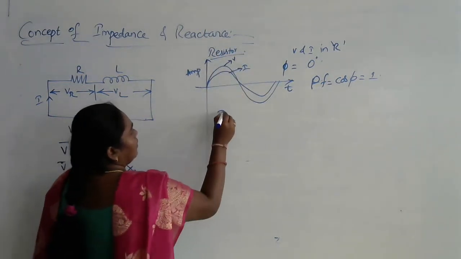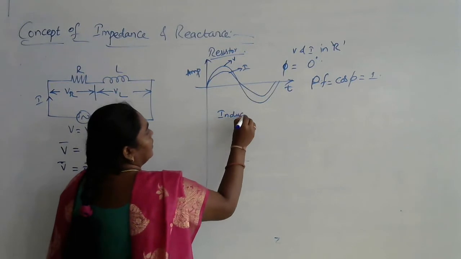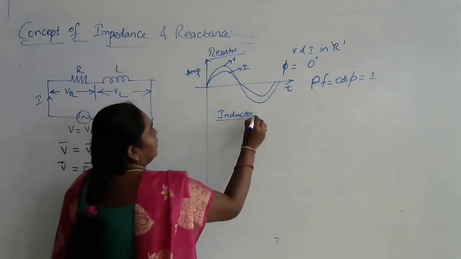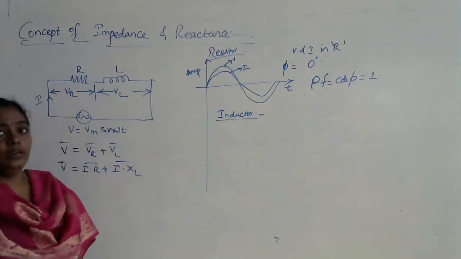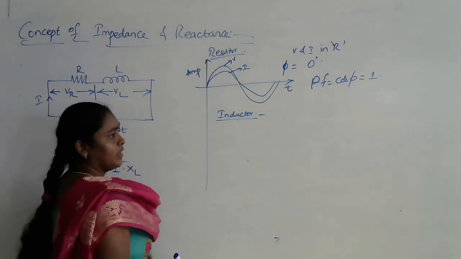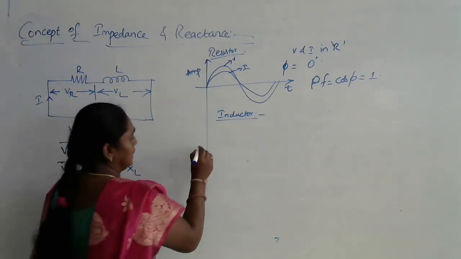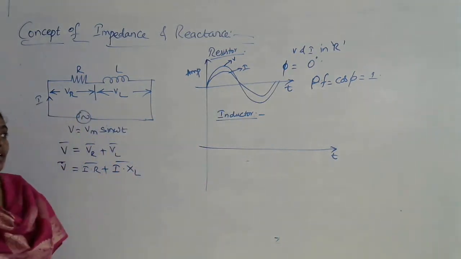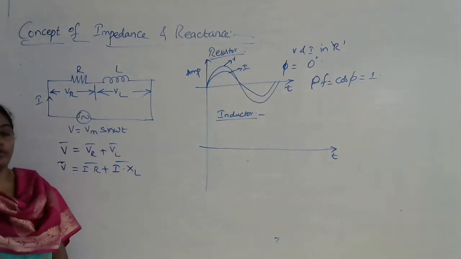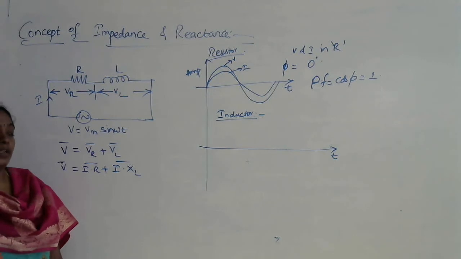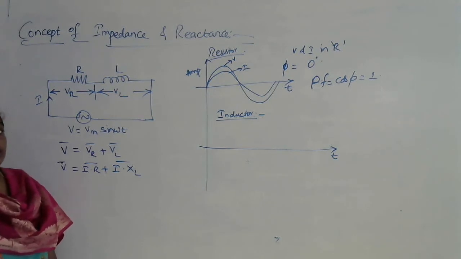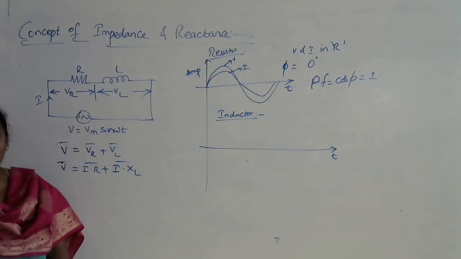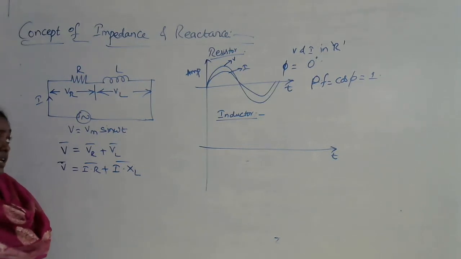Similarly, if we go for the inductor, an inductor opposes the sudden changes of current. The definition of an inductor is that it stores energy in the form of a magnetic field. Similarly, it can also be defined as something which opposes the sudden changes of current.